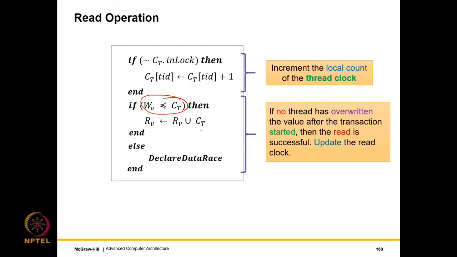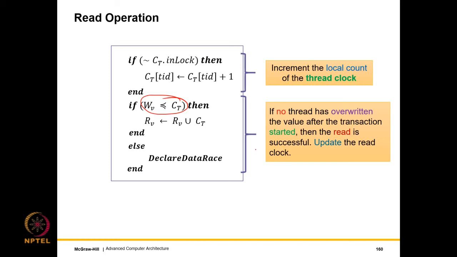So actually the reason that I have kept the union operation over here and not set RV as CT is that in this case we are not really checking if RV precedes CT or not, because it doesn't have to. There's a reader-writer pattern that allows multiple concurrent readers.